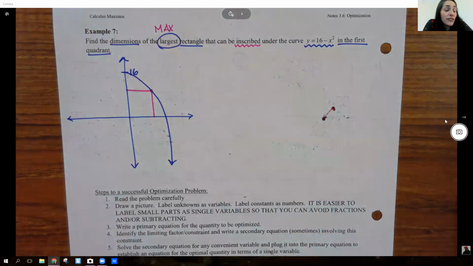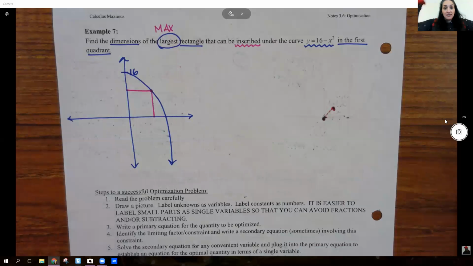And if it's the largest rectangle, what equation are we going to use to determine the size of the rectangle? Would it be area or perimeter? It's one of those two? Area. It's area. Yes, the first one is correct.